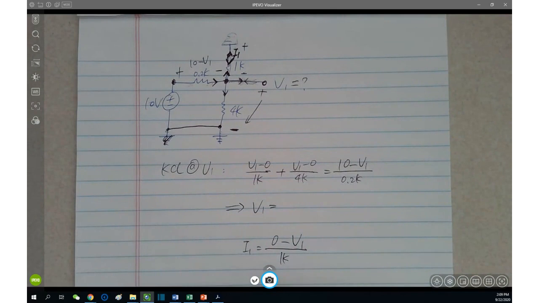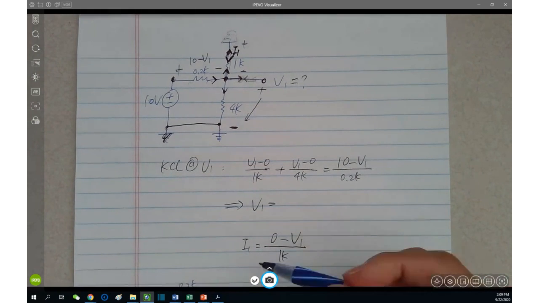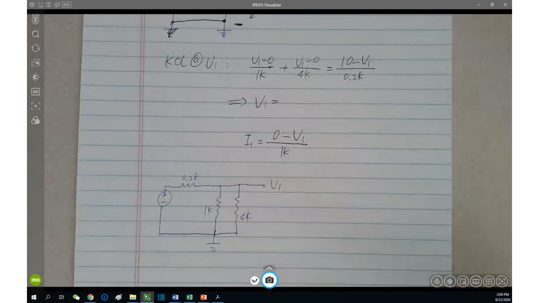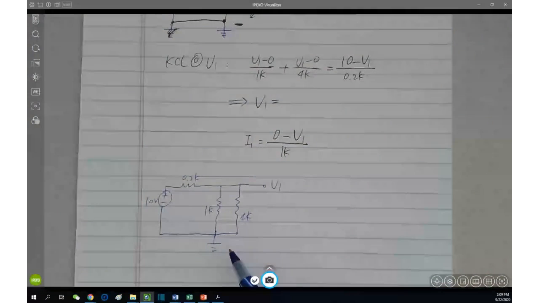Your 4K remains, your 0.2K remains. However, you flip your 1 kilo ohm resistor down, like this. This is the equivalent circuit.